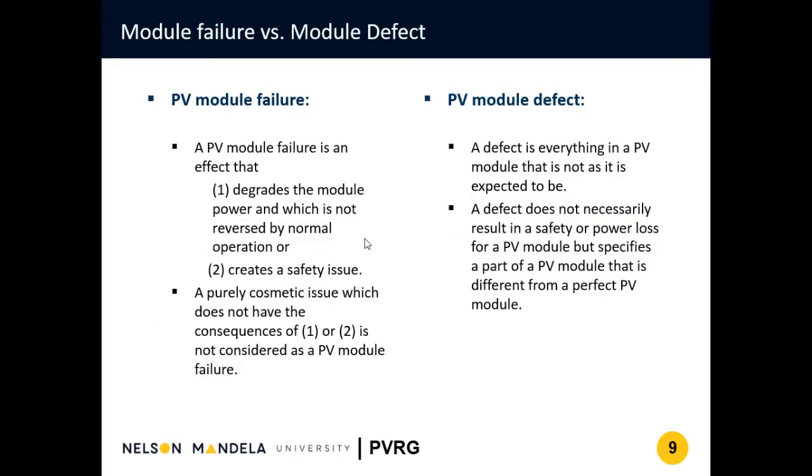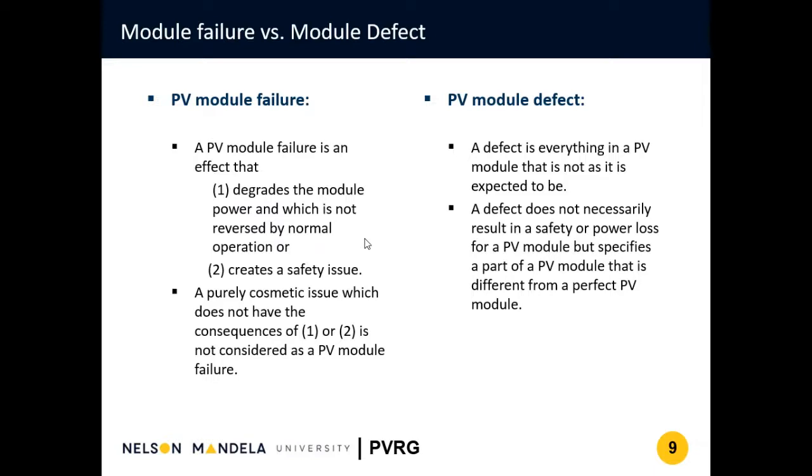So the difference between a module failure and a module defect, just to be clear of what we're describing: a module failure is described as any effect that significantly degrades the module power and cannot be reversed in any way by normal operation, and also it might create a safety issue.